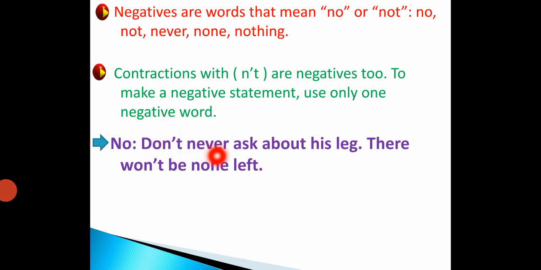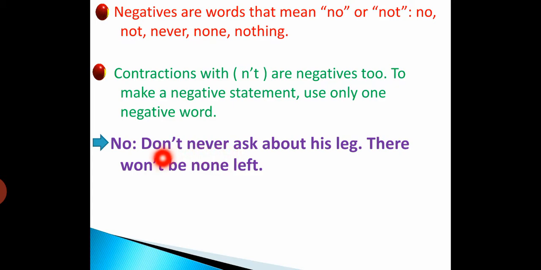Don't and never. So you have to change one of these two negative words to make the sentence negative, because here this sentence is positive.